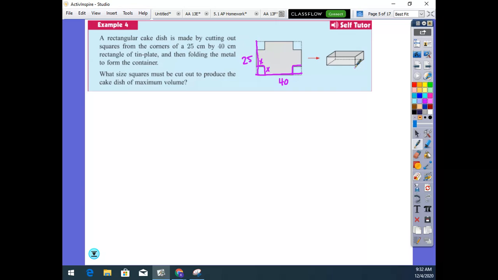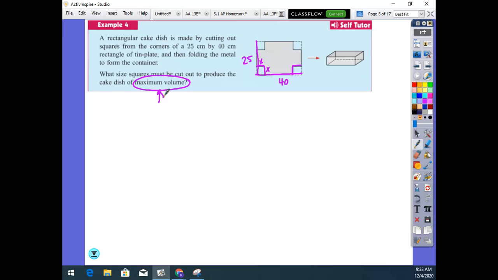You don't make the cake dish, but we have companies that actually go through this to figure out how to create something with the maximum volume from this piece of tin. Whatever you're maximizing, that's the formula that you've got to have in one variable.